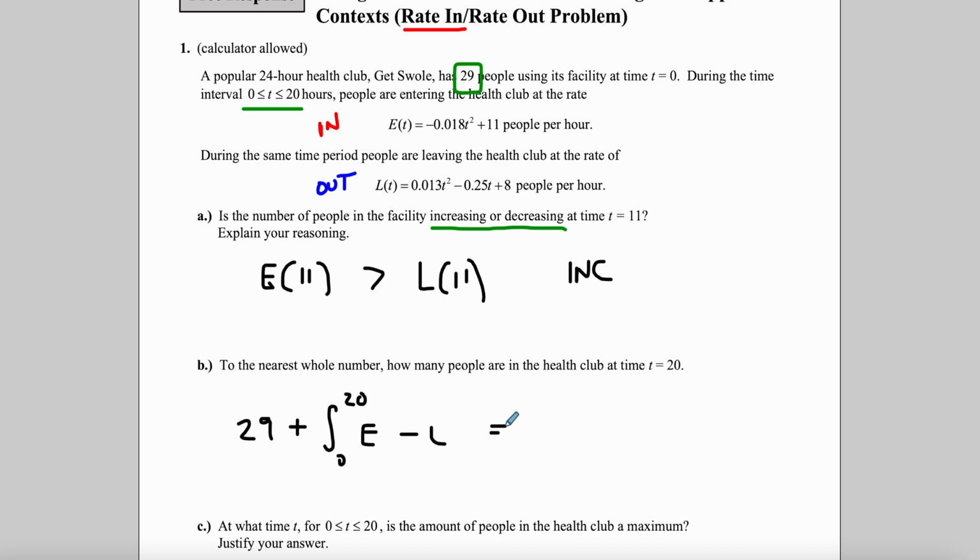So if I type all that into Math 9, it gives me a total of about 56.